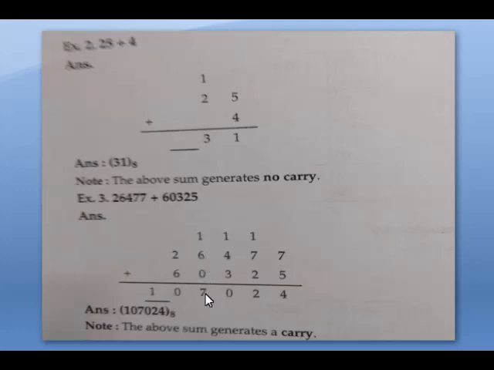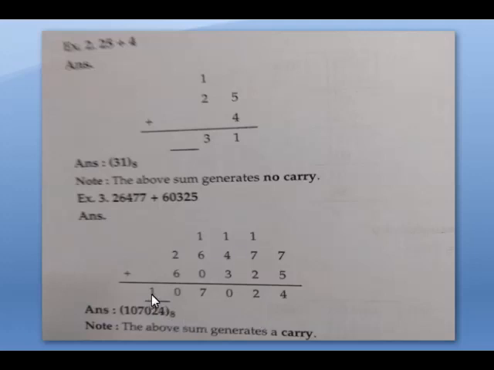6 plus 1 is 7. 6 plus 2 is 10. How is it 10? 6 plus 2: 6, 7, and the next number after 7 is 10, so 0, and here it generates a carry 1. Okay students, so the answer is 107024 to the base 8.